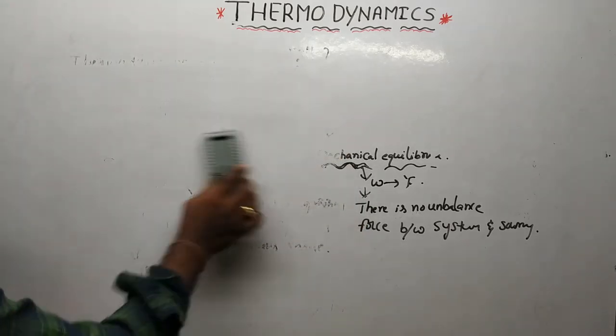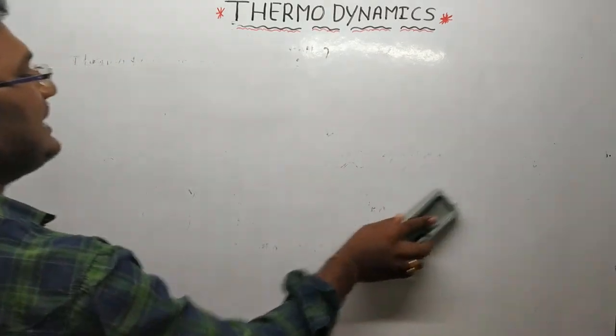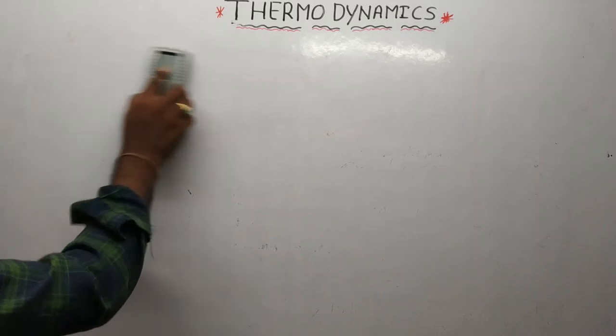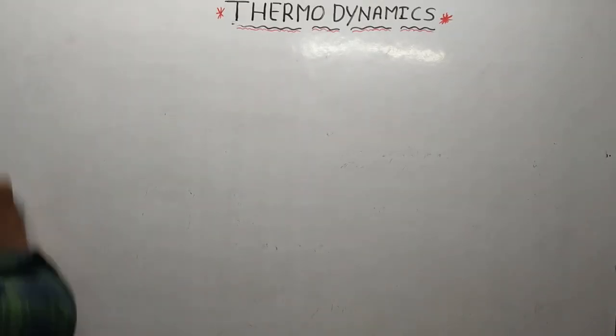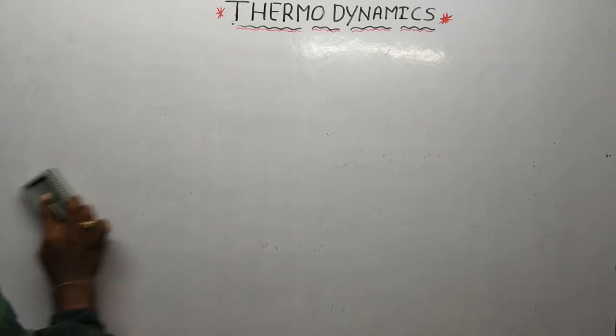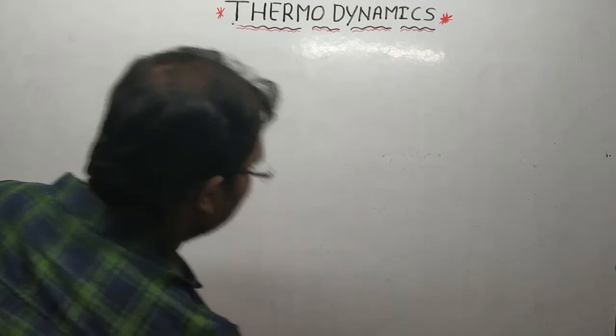What is the condition for thermodynamic equilibrium? If any system is exhibiting thermodynamic equilibrium, it must follow the 3 types of equilibria called thermal, mechanical and chemical equilibria.